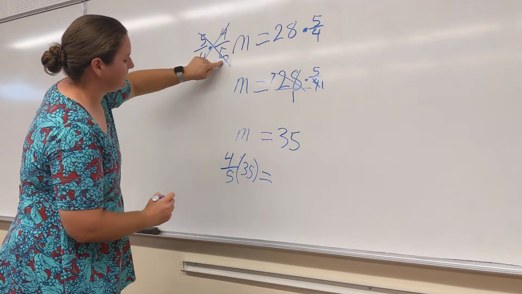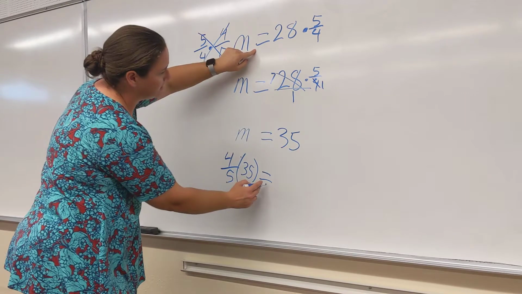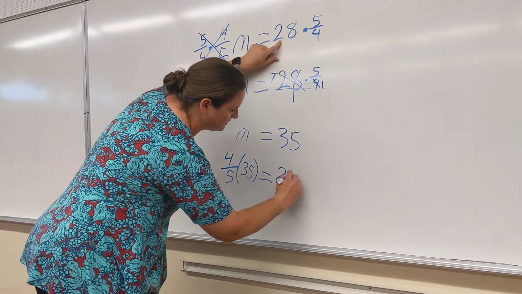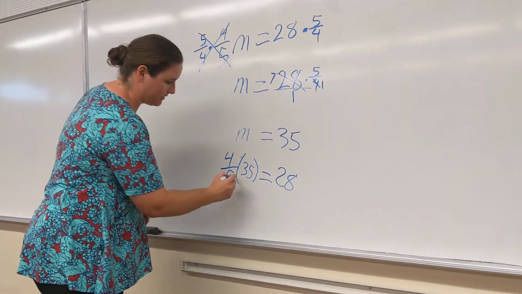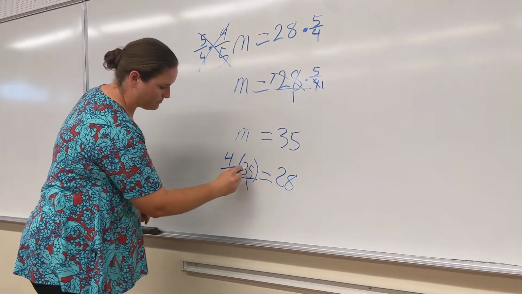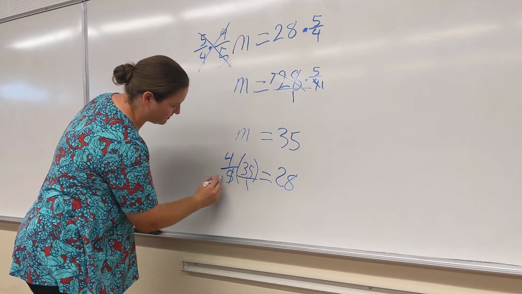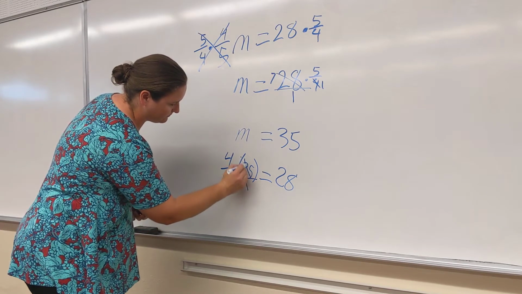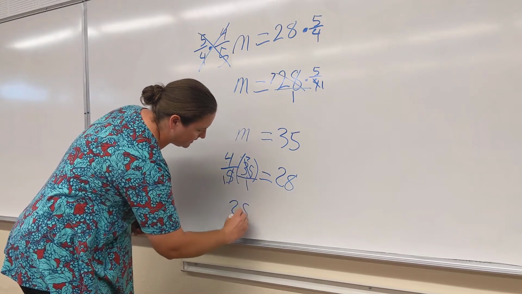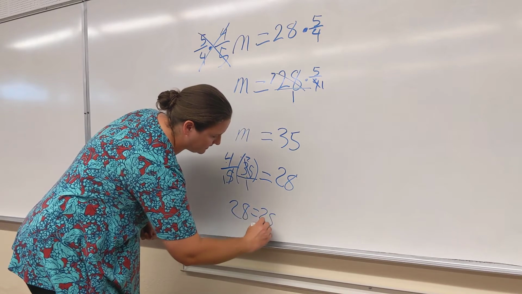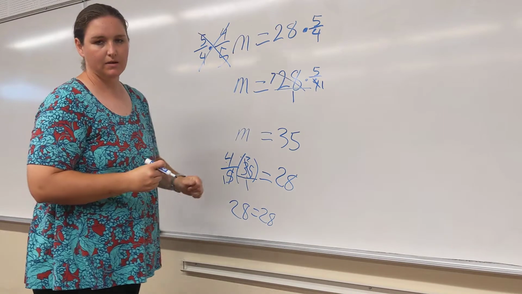So we have our 4/5 right here, times m, which is 35, equals 28. Now to simplify, remember we can decrease these here. So this is going to become a 1, this is going to become a 7. 4 times 7 is 28, equals 28. Awesome, we checked it and it works.